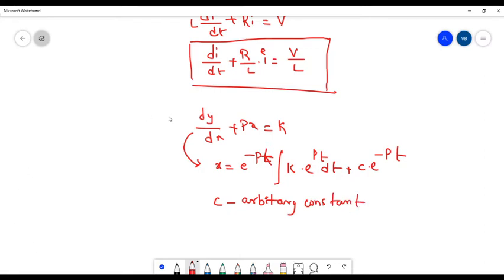So in place of x we have I, and p is R by L. In dy by dx, x here is t, so di by dt. And what is the k value? The k value is V by L. So we can write the equation by substituting those values. Then what do we get?